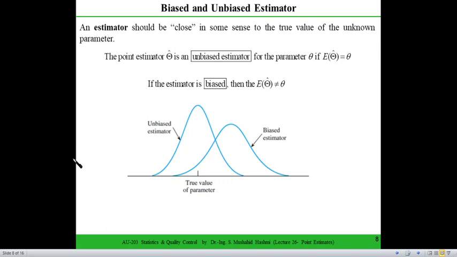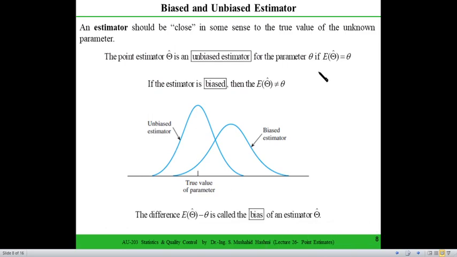So one can think of it this way: if the true value of the population is this, and the expected value of the distribution of your estimator is the same as the mean value, then it would be called an unbiased estimator. If the mean value is different from the population mean, then it does not satisfy this condition, and it is called a biased estimator.